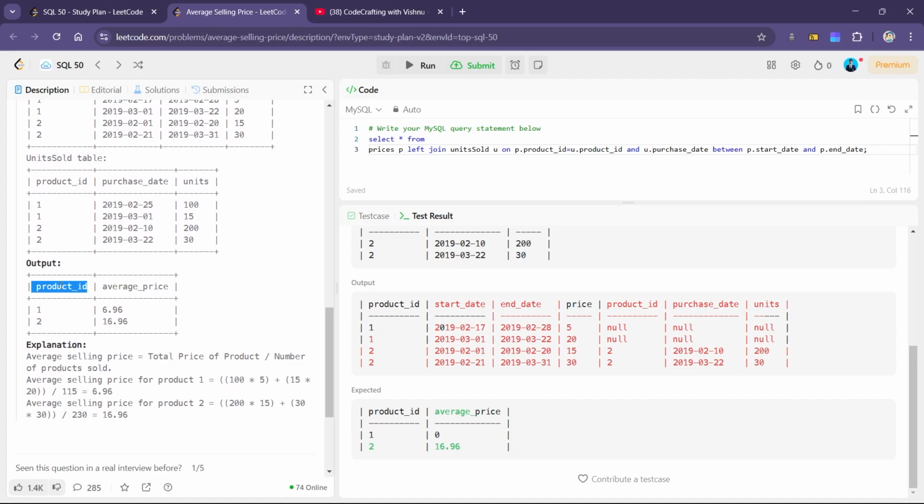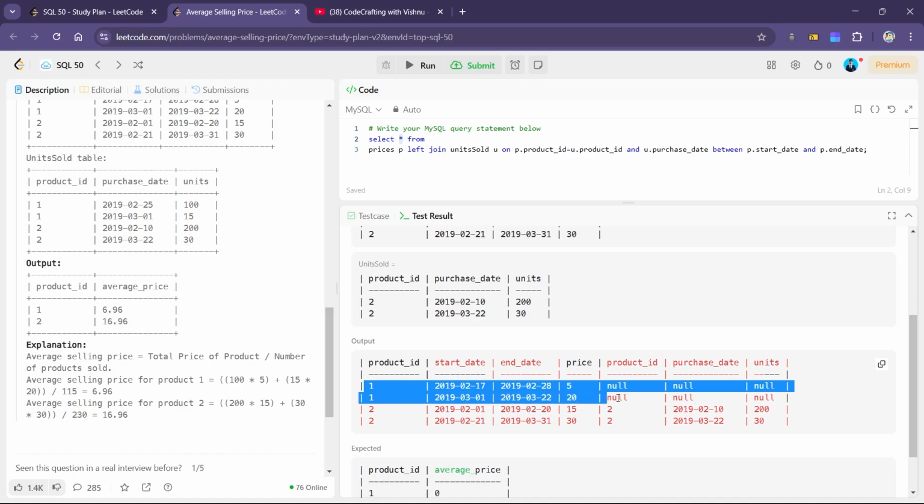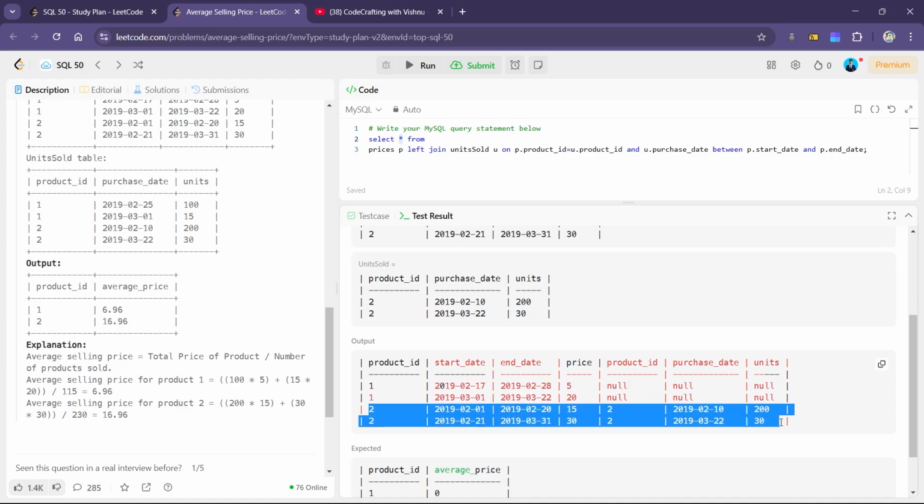Now what we have to select, this is the result table input, and the output has product ID and the average price. So we have to select product ID from the first table, because the second table may not have the product ID. The first table has product ID, but the second table may not have. Okay, before that, since we have to calculate the average price of the product, and the second product has 2 entries, we have to combine these two into a single one.